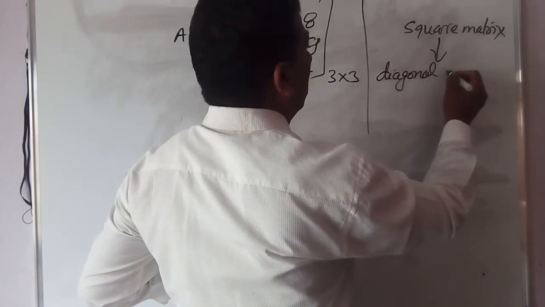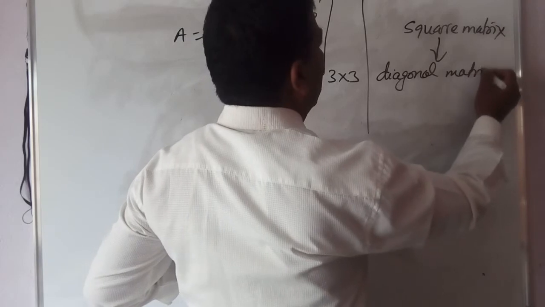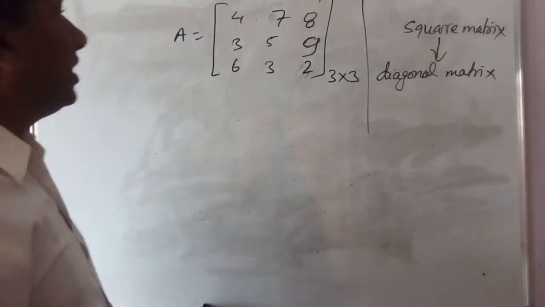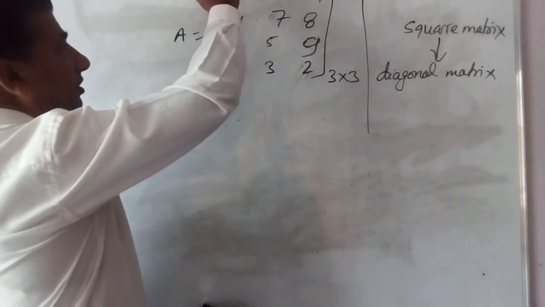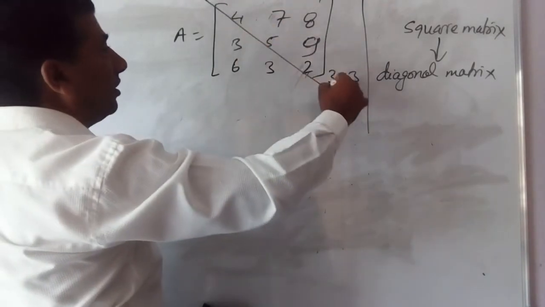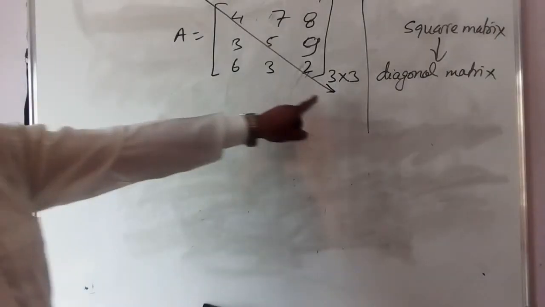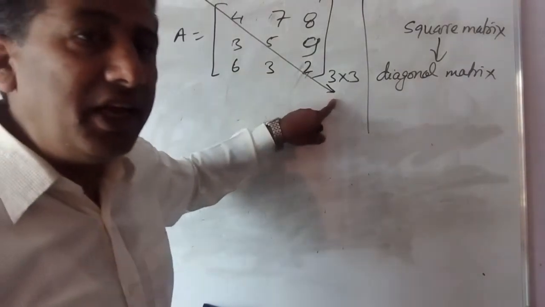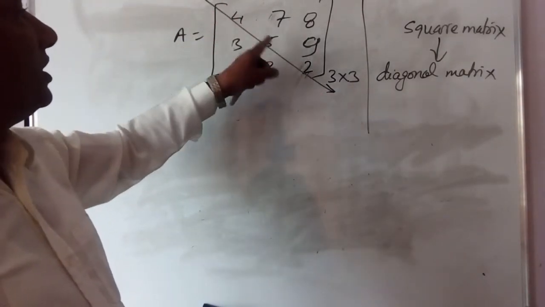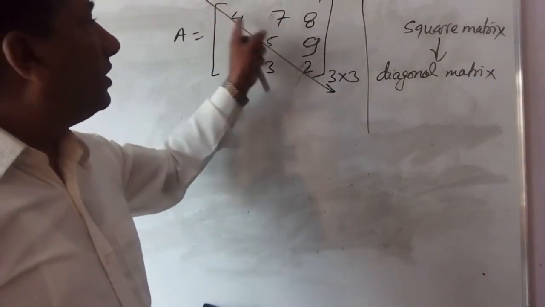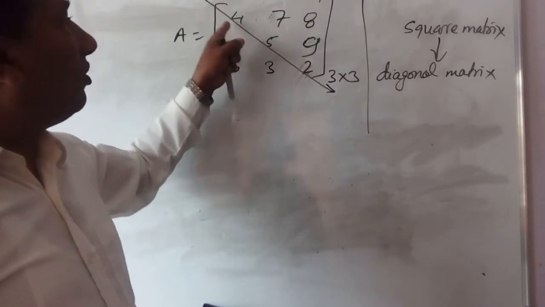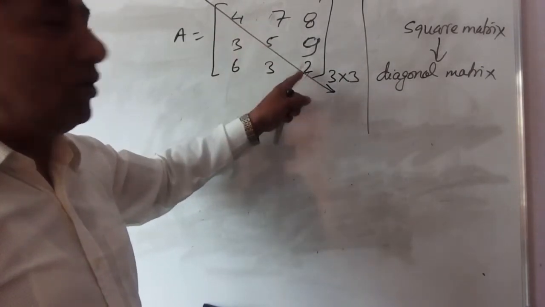Diagonal matrix. What is called a diagonal matrix? This one is the main diagonal, also called the principal diagonal or leading diagonal. In this matrix, the diagonal elements are 4, 5, 2.